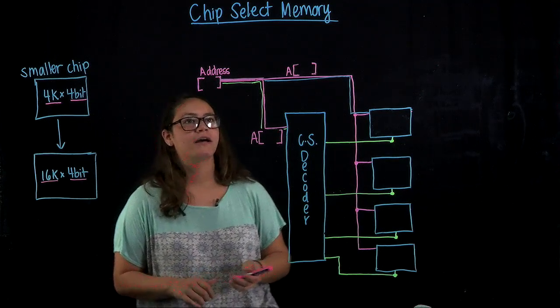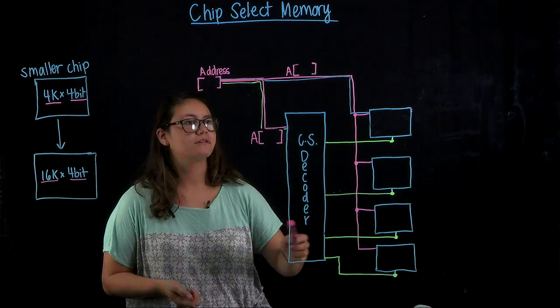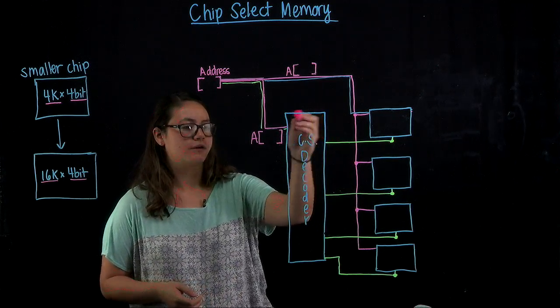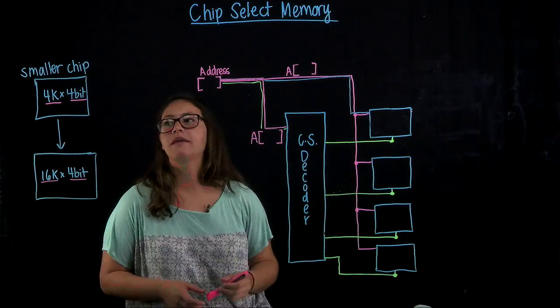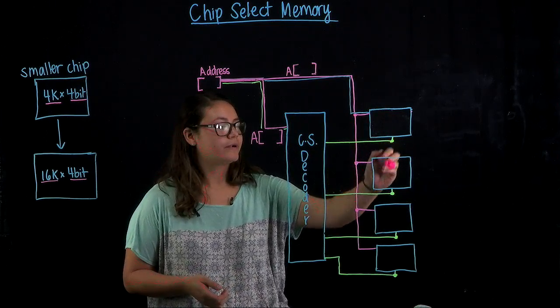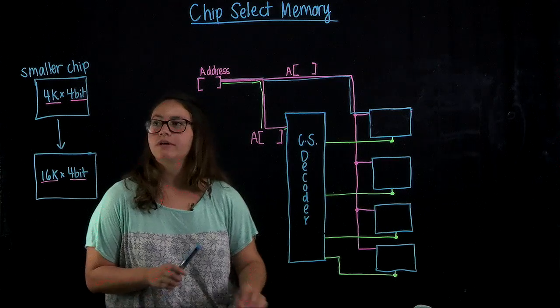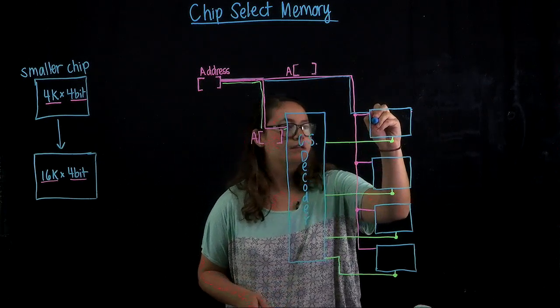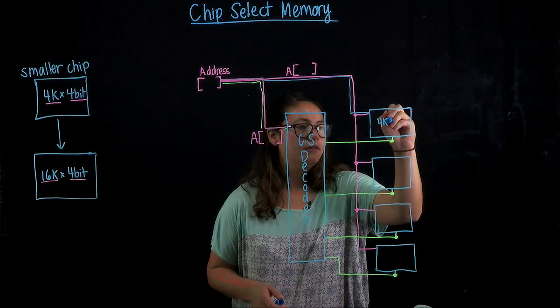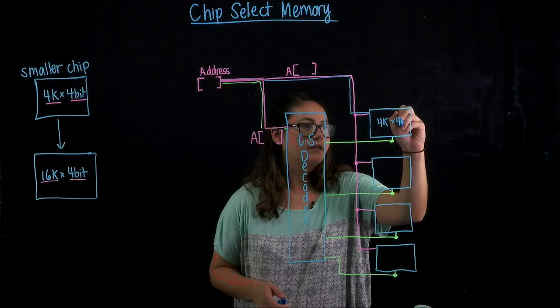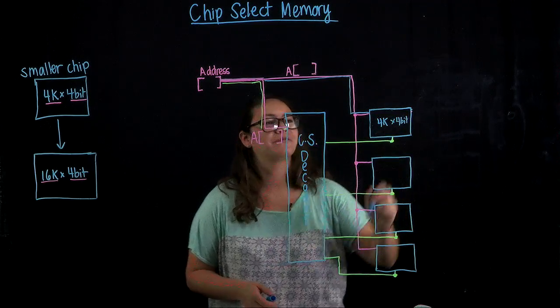We can start by drawing up a similar diagram to what we had before with the larger module level decoder, and then putting chips here. Each of these chips, again, is going to be 4K by 4 bits.